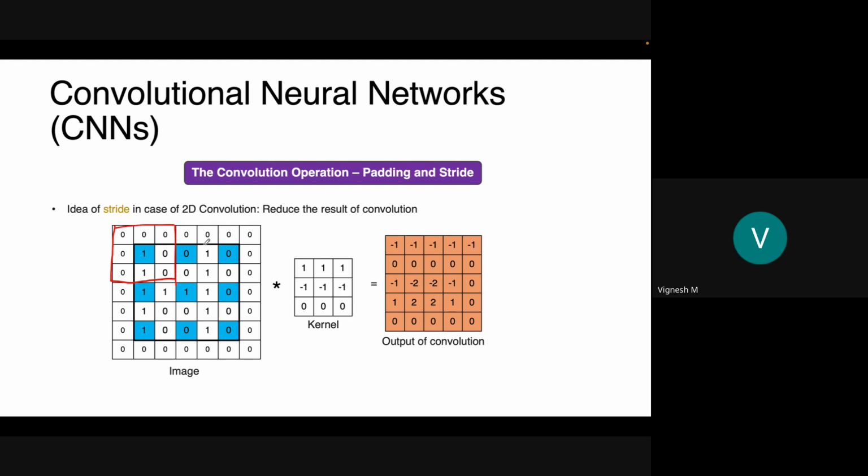Okay, and next time, instead of being placed in this, it's placed here. And next time, instead of this section, it's placed here. Now this is what is called convolution with a stride of 2.